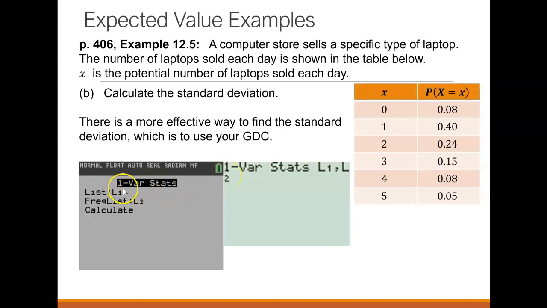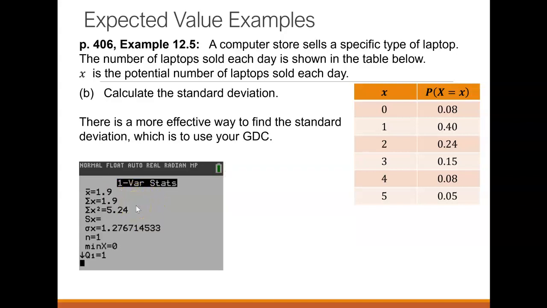Then I can do a one variable stats with L1, but for the frequency list I need to use L2, and then hit calculate. That's my standard deviation. Much easier than making the lists like we just did before.